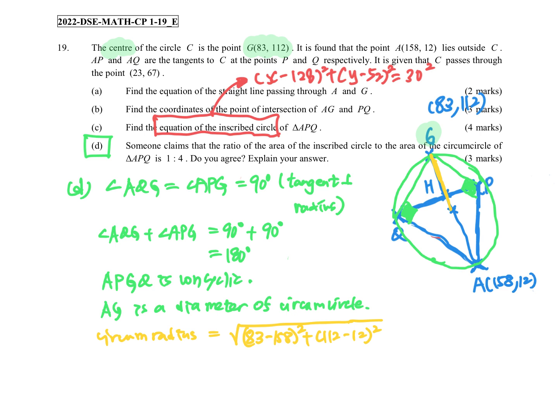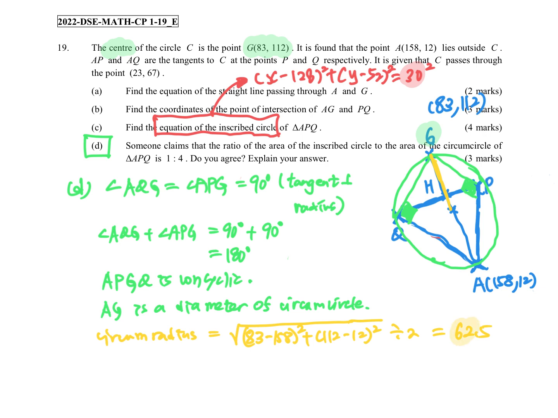So 125, this is the length of the diameter, so we need to divide by 2 to get 62.5. Okay, good. So this is 62.5.